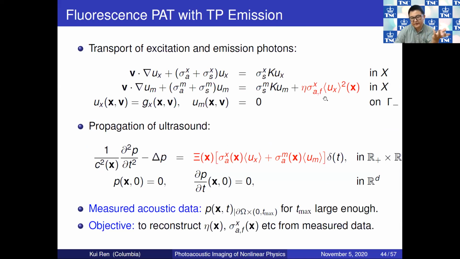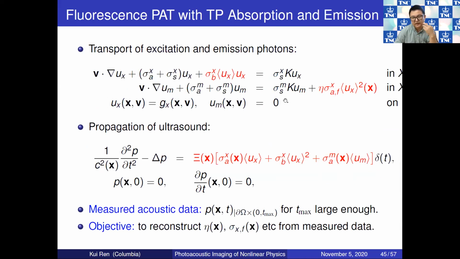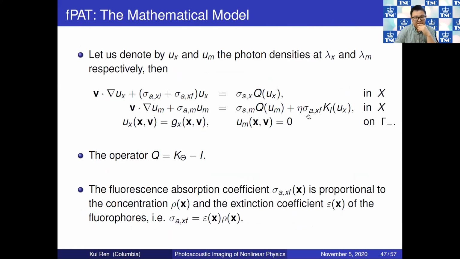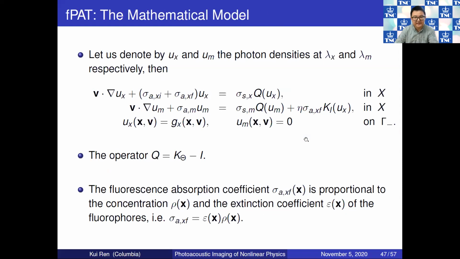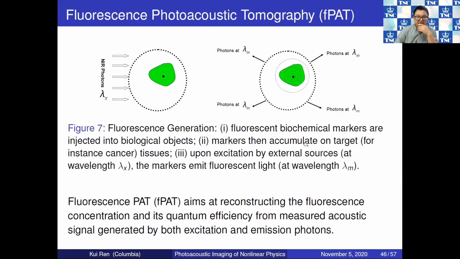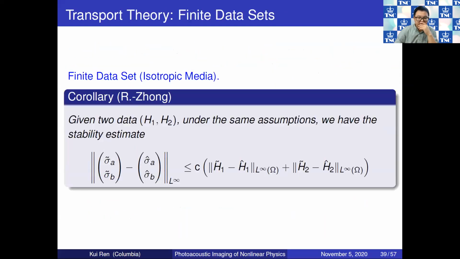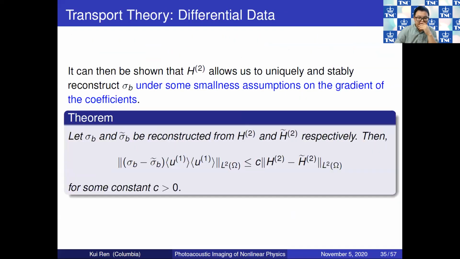So you can have nonlinear emission, nonlinear absorption plus nonlinear emission, et cetera. So let me stop here. In that case, there was some silly result you can construct, but I really want to stop at this place.